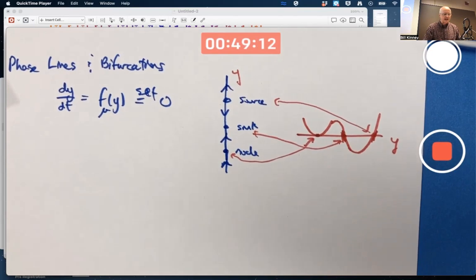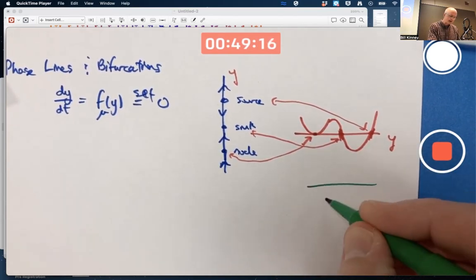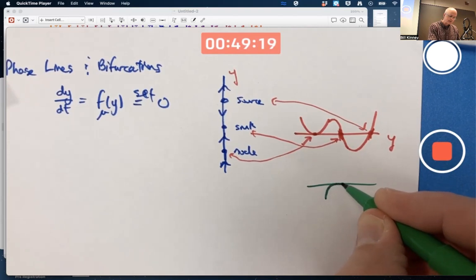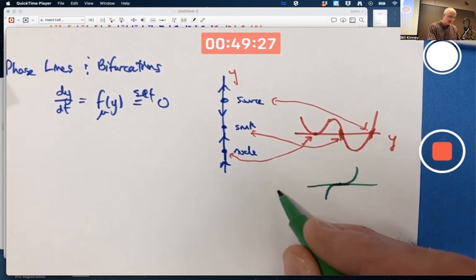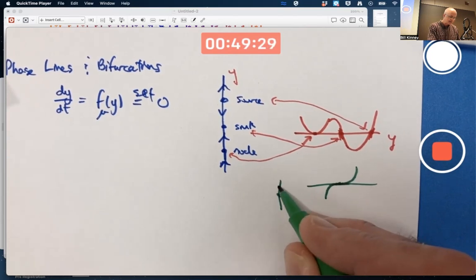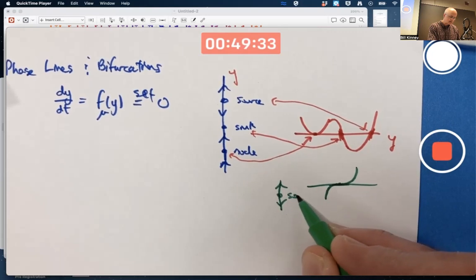There are some special cases where linearization doesn't apply even when the graph crosses the axis, but if it crosses with a 0 slope. Technically, with this example, linearization does not apply because the slope is 0 there. But you can tell by looking at the graph that the phase line would look like this, and it would be a source.